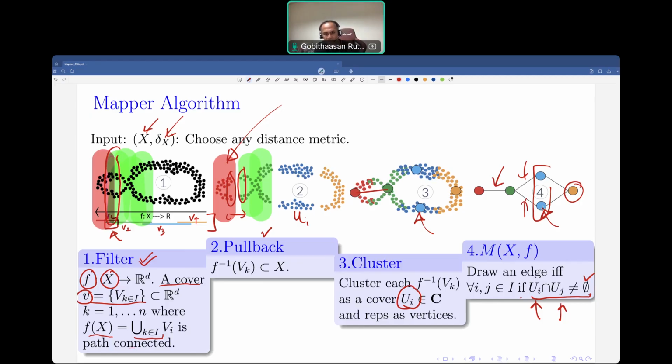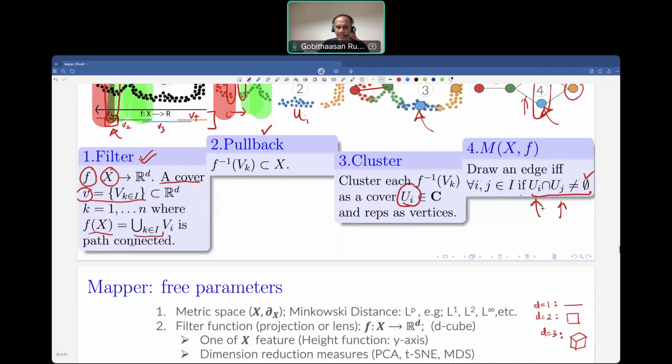UIs are now the pullback for each cover. After that, do clustering. Once clustering is completed, when the clustering has overlapping points, then we draw an edge. Okay, so 4 steps. Now let's look at an example.